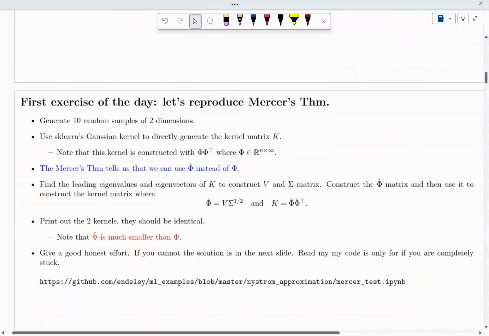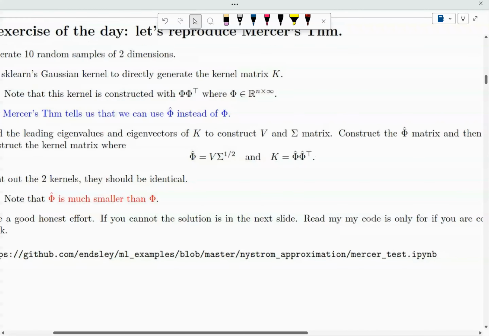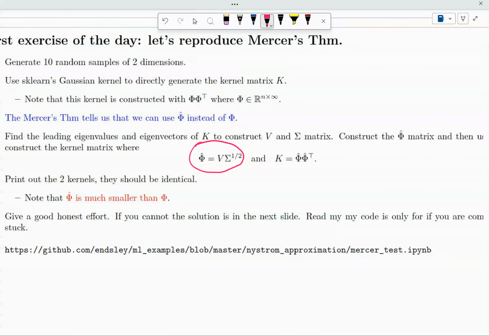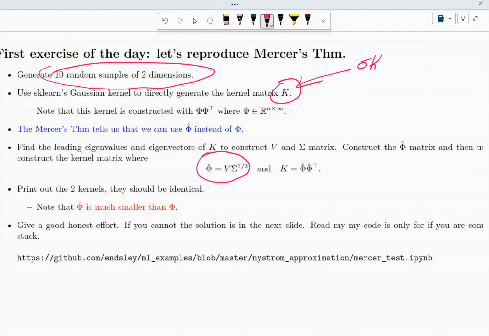All right. So as the first exercise, I want you to see if you can reproduce Mercer's theorem. For Mercer's theorem, the idea is that you can get the feature maps this way. So what I want you to do is generate 10 random samples of two dimensions. Once you generate that, you can generate the K matrix using sklearn. This will be the true kernel.